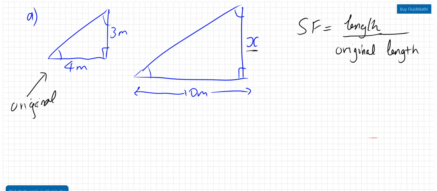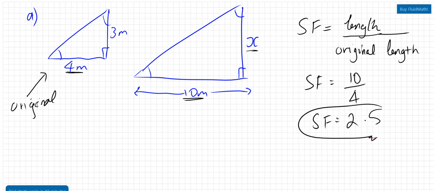I'm going to focus on these corresponding sides, 4 and 10 meters, because I have them. The original one is 4, so I have 10 on top divided by 4. So 10 divided by 4 leaves me with 2.5.